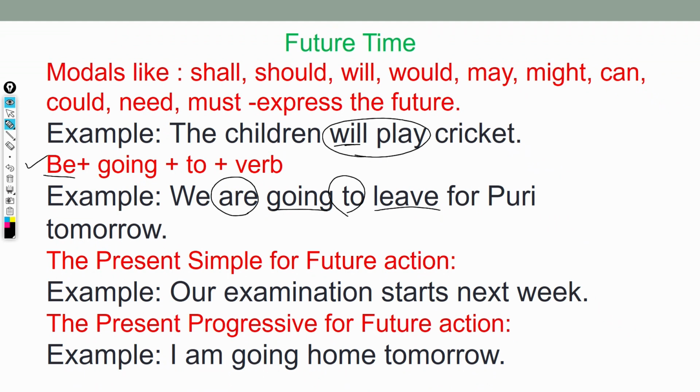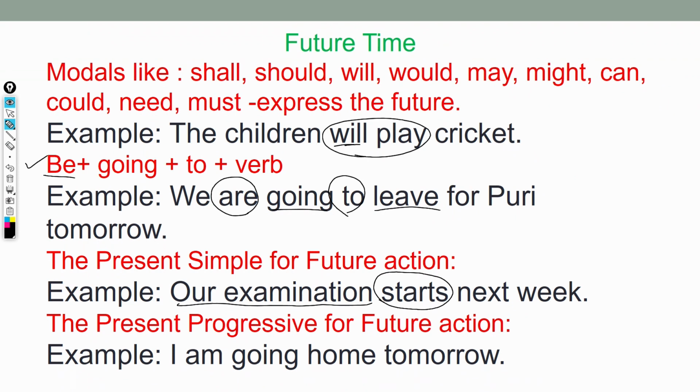You see, here there are no auxiliaries, only the present simple. Here is the subject and only the verb. Understood that here present simple is used for future time or future action. That is also one important one.